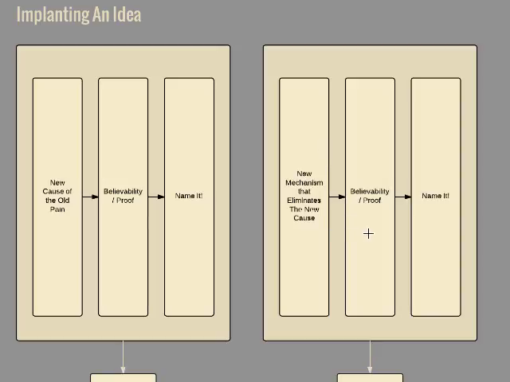Okay, so the next thing here is a new mechanism. That's this rectangle here. So if there's a new cause of an old problem, like arterial plaque, for example, then we can have a new mechanism that was developed to address that new cause that was discovered. It's this lock and key thing. This is used quite a bit.